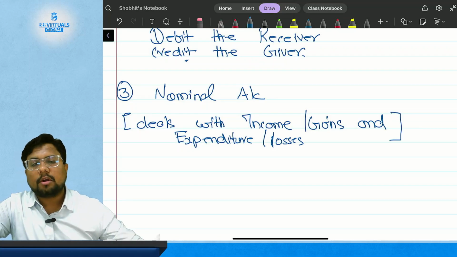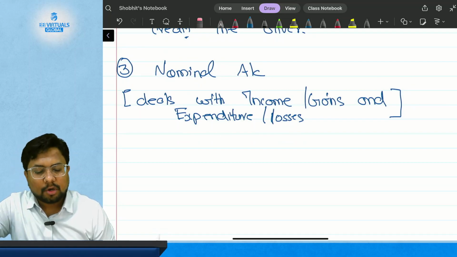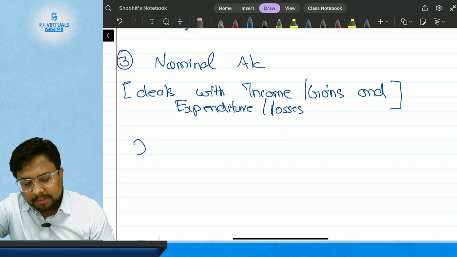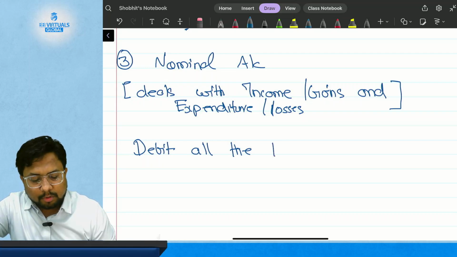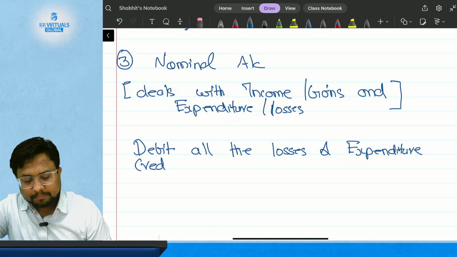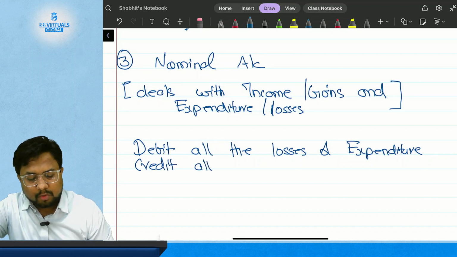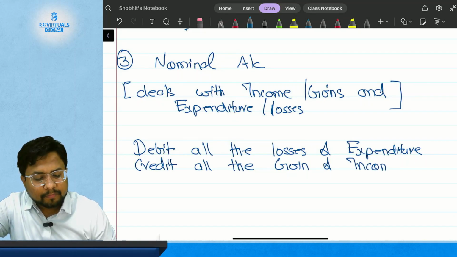So the nominal account rule is that it deals with income and gains, expenses and losses, and the rule is debit all the losses and expenditure and credit all the gains and income.